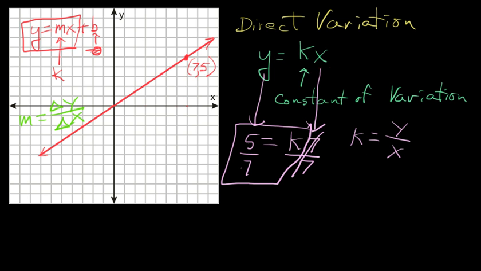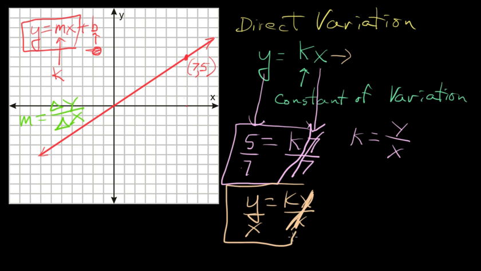Let's do a little algebra here. If y equals kx, and I divide both sides by x, what do I have? k equals y over x, right?